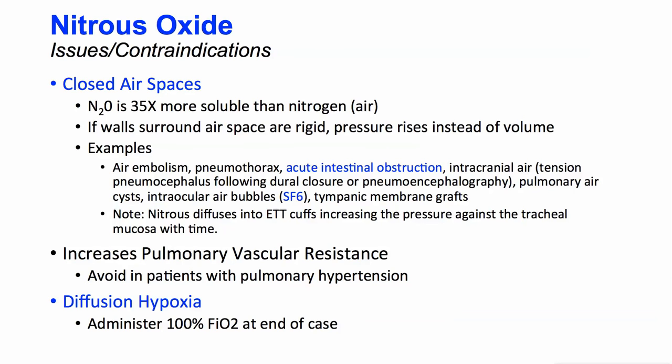As mentioned previously, pulmonary vascular resistance can be increased by nitrous oxide, and the catecholamine stimulation that occurs with nitrous oxide. We tend to avoid it in patients with high pulmonary vascular resistance, pulmonary hypertension. Diffusion hypoxia is discussed in textbooks, but rarely ever seen because we use supplemental oxygen at the end of an anesthetic.